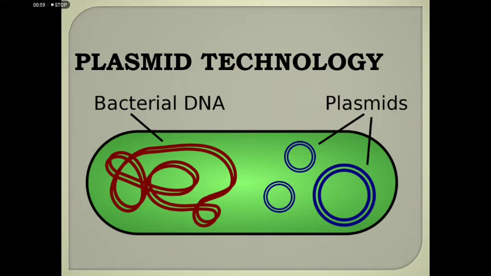In this picture we can clearly identify that the bacteria have their own DNA, and these plasmids are extrachromosomal DNA and circular in structure. And the main function of plasmid in bacteria is that it provides specific antibiotic resistance.